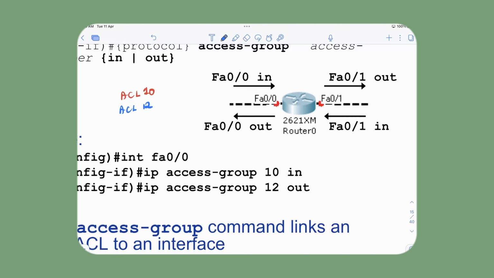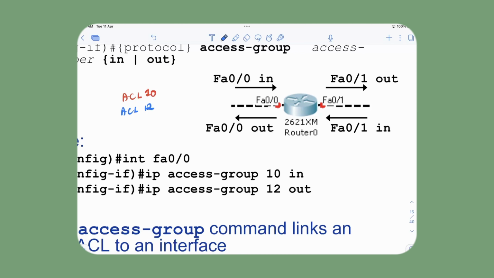I want to place them. If the question says ACL10, put it in this FA00, in this direction, going into the router. ACL12, put it in this direction, going out from the router.